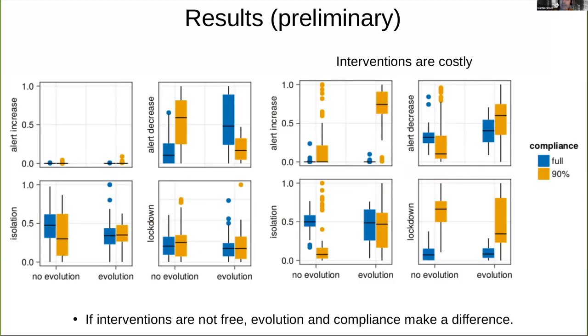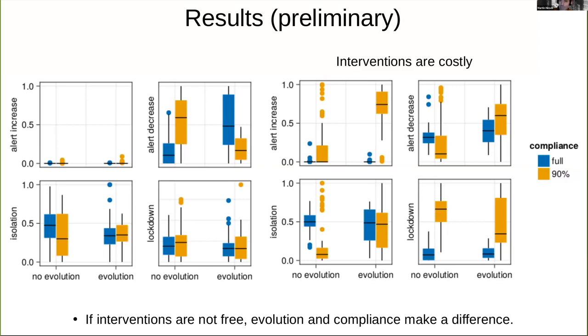But that's of course unrealistic, the scenario we assumed first, since we assumed that interventions are completely free. So we assumed that policymakers can do whatever they want. As we know, that's not the case in reality. So after a certain time, people get fed up with restrictions, we have economic effects and so on. So we have to assume that interventions carry a certain amount of material and political cost.